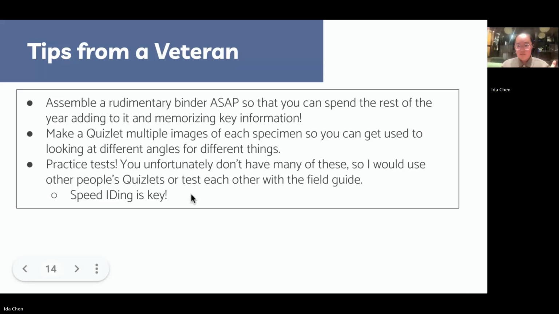And then practice tests are also super important for ID events, but because there aren't that many, I would say go get a field guide and quiz your partner with the field guide. Or I know several people, if you search up entomology Science Olympiad, or just entomology flashcards Quizlet, people have made several sets.